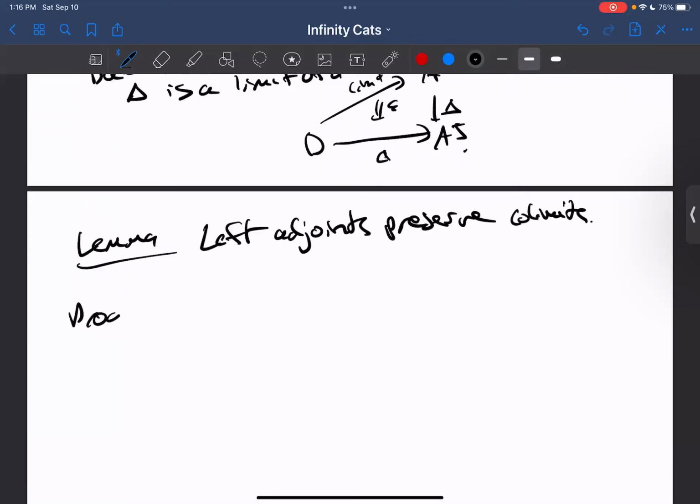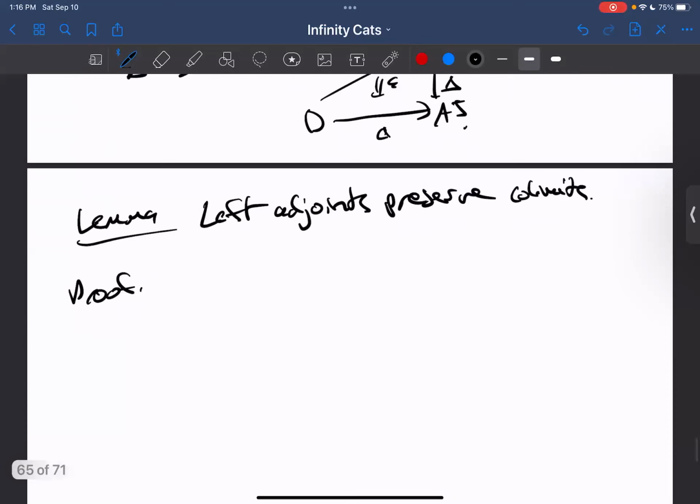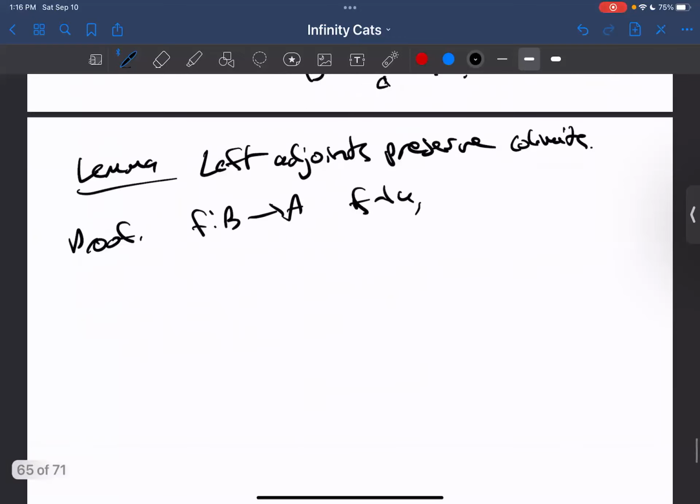All right. So if we have a left adjoint, F maps B to A, F is left adjoint to U, and some absolute right lifting, so D through D here to A to the J, up to A, down by the diagonal.